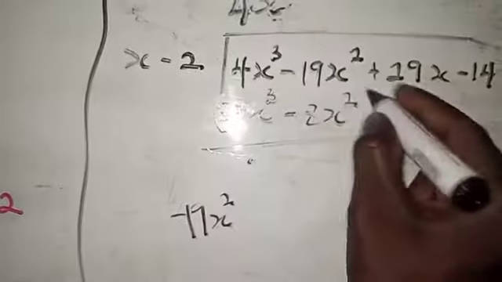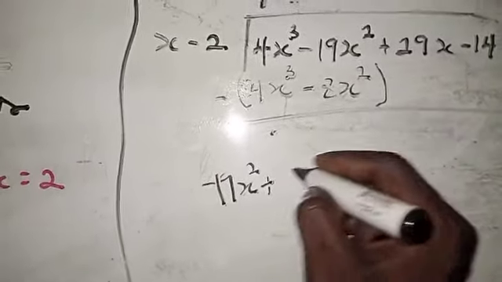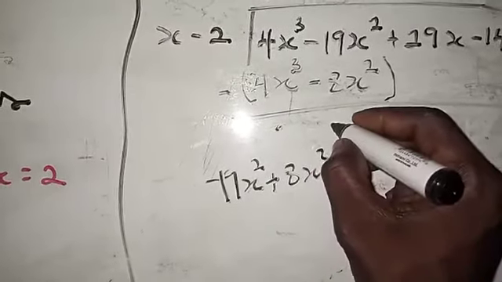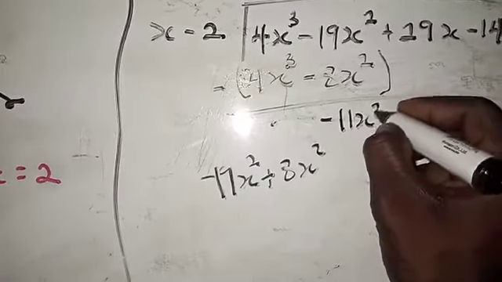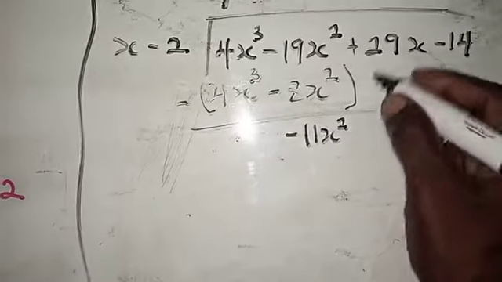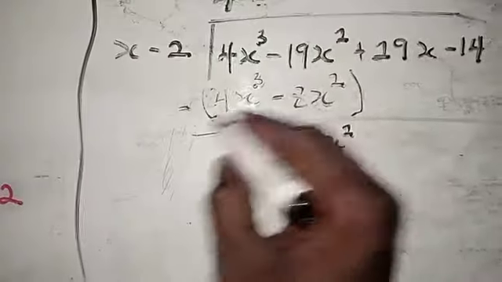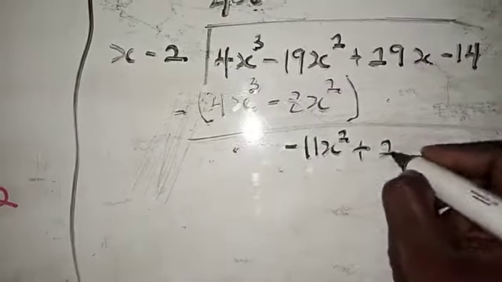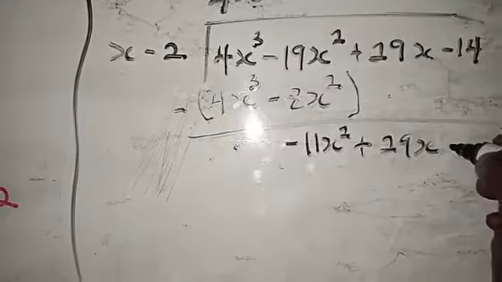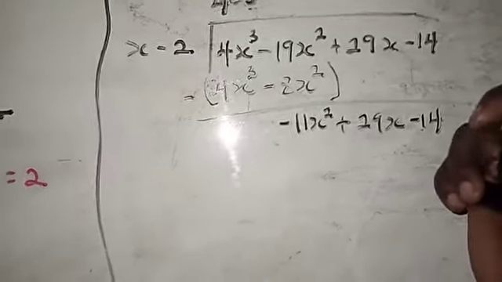We are subtracting, so minus this gives positive 8s^2. So negative 19s^2 plus 8s^2 should be negative 11s^2. Then we have 119s minus 0, since there's nothing here, that will be a positive 119s, and then negative 14 minus 0, so that should be negative 14. This is how simply you divide a polynomial.